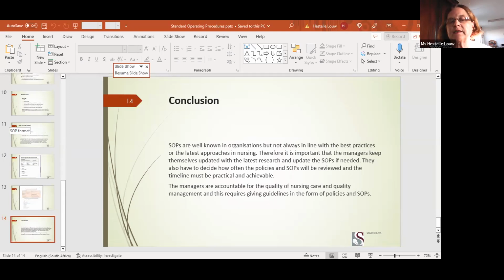So the managers are accountable for the quality of nursing care and the quality of management, and this requires getting guidelines in the form of policies and SOPs.